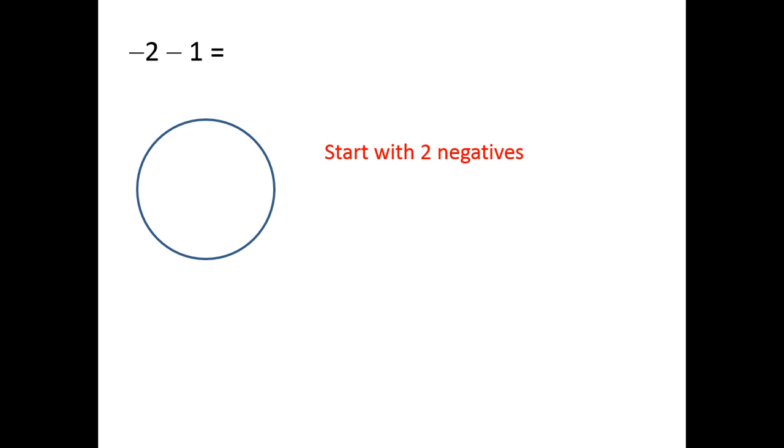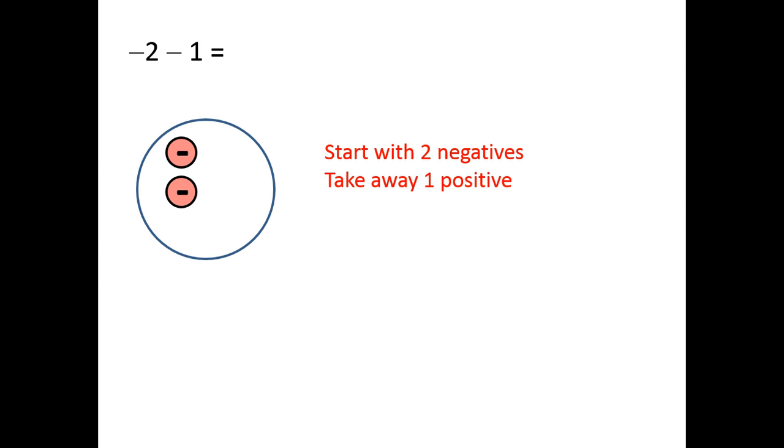Let's try one more subtraction problem with this charged field or chip model. Negative 2 minus 1. So the number negative 2 means we're starting with 2 negative chips. Minus 1 means we're taking away 1 positive chip. But we don't have any positive chips to take away.